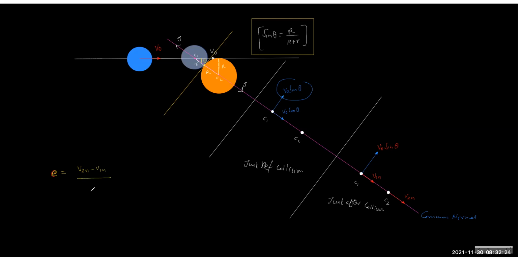And the approach is because of the only one component, which is V naught cos theta. So you need to understand the ways of writing e in different situations. So in different situations, we have different representation about e.